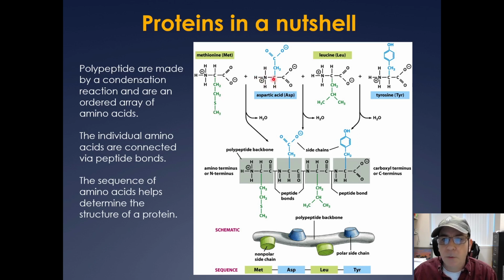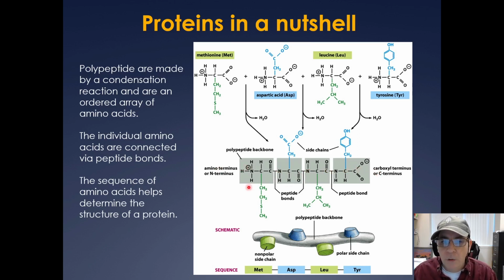And here you have aspartic acid, and here is the aspartic acid side chain shown in blue. Leucine side chain is shown in green, and tyrosine side chain is shown here in blue. When the messenger RNA is being read on the ribosome, you get the formation of this peptide bond between the individual amino acids that make up the polypeptide or the protein.